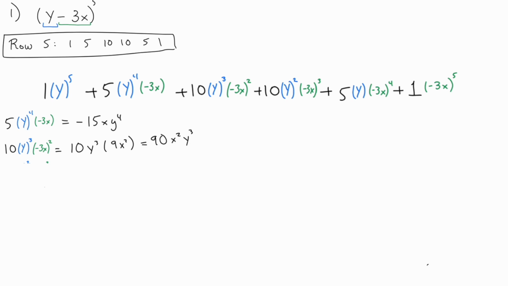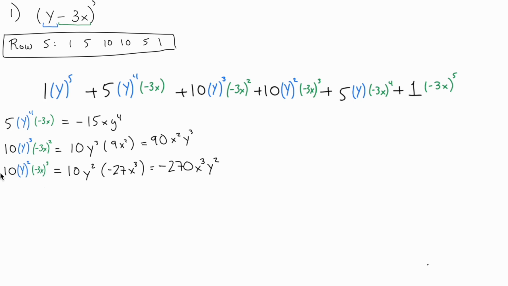For the next term, we are going to do 10 y squared times minus 3x cubed. So again, we first need to do the minus 3x cubed. What is minus 3x cubed? Well, minus 3 cubed, that is minus 3 times minus 3, o sea, 9 times minus 3, negative 27.